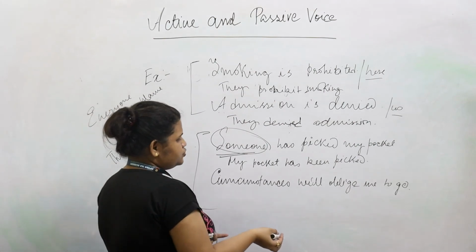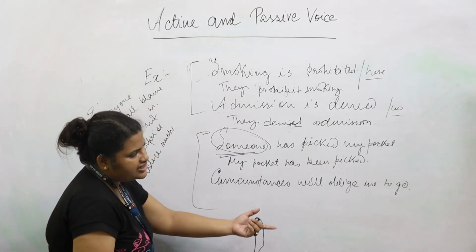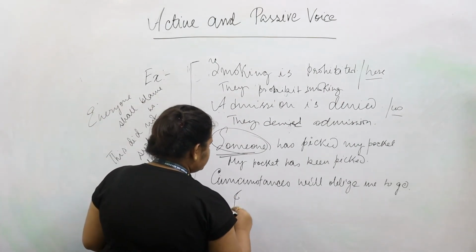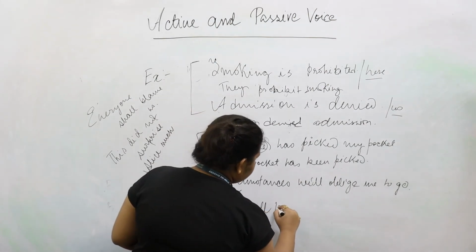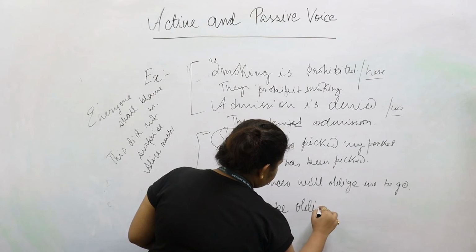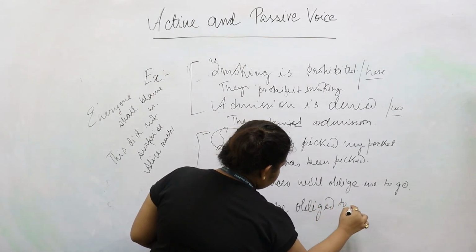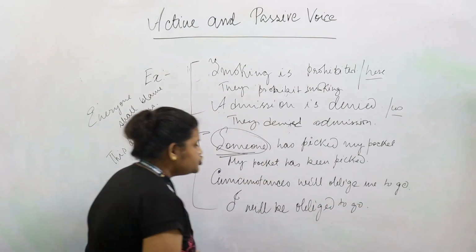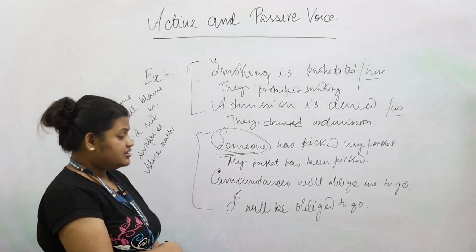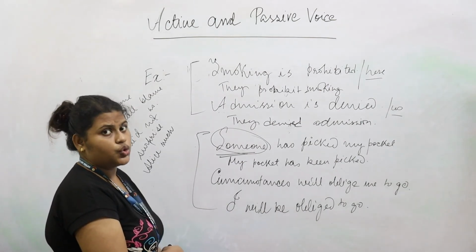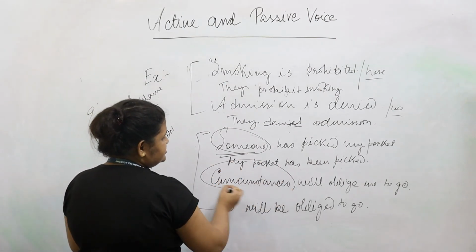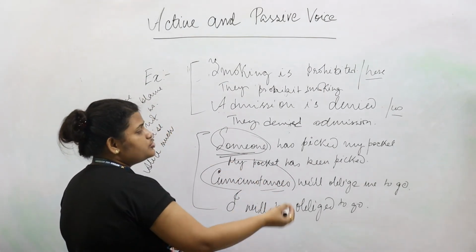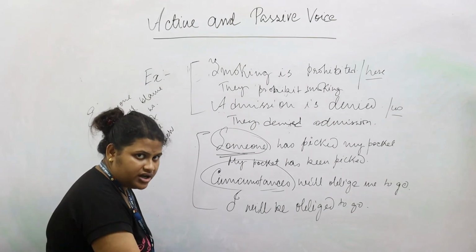In the next sentence, where we have circumstances will oblige me to go, the transformation can be I will be obliged to go. It is no longer needed to say I will be obliged to go by the circumstances, because it is automatically understood that the circumstances are obliging someone or somebody to go from one place to another.